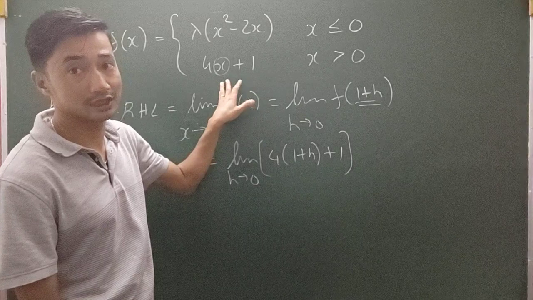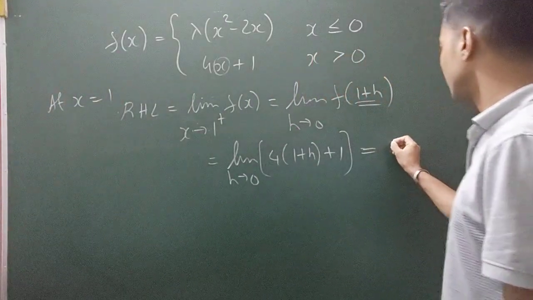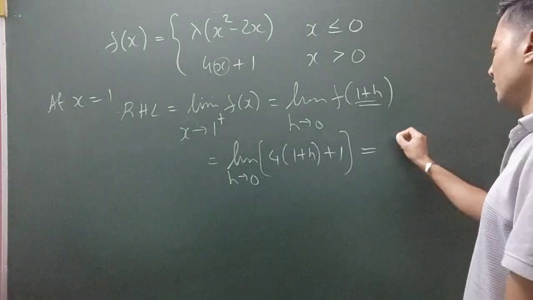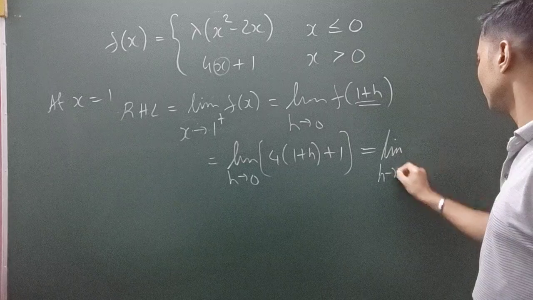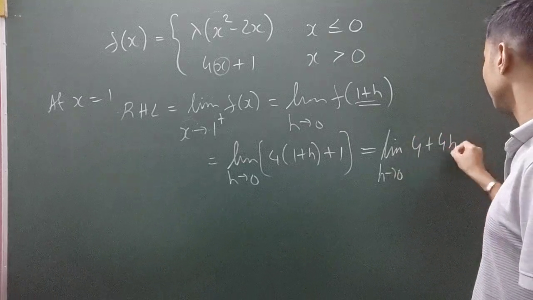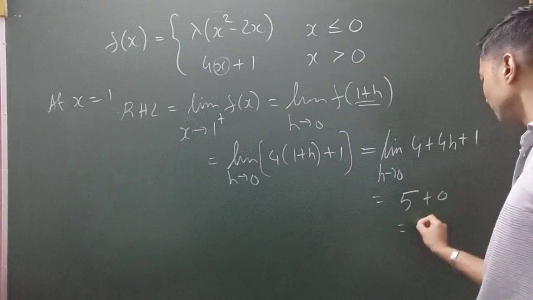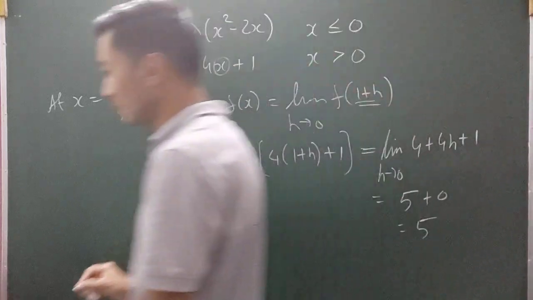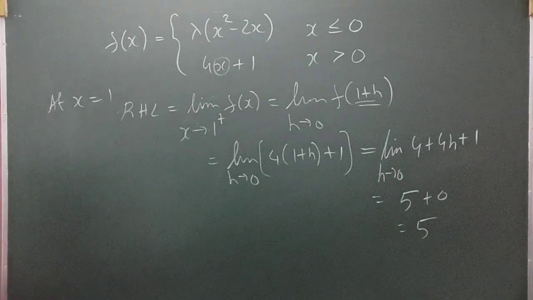So it's 4x + 1. Limit as h tends to 0 of 4 + 4h + 1, that's just 5 plus 0, so that's 5. That's the right hand limit.